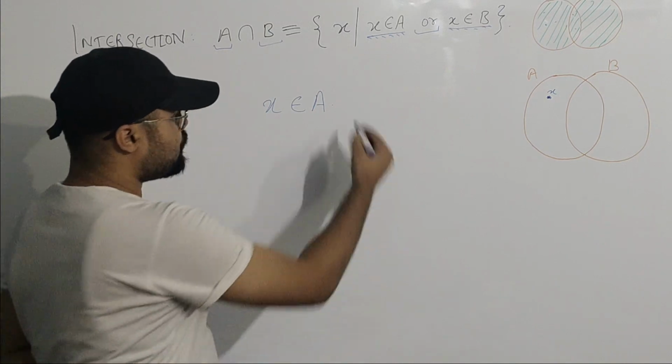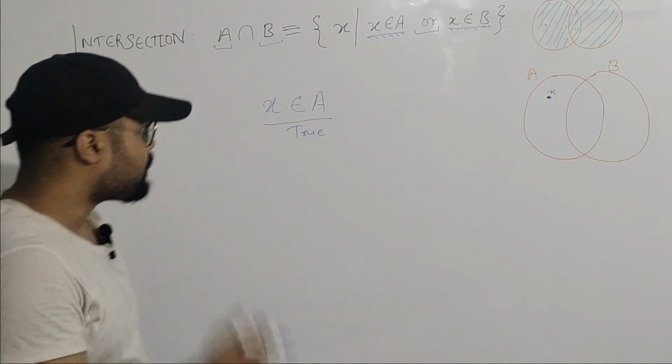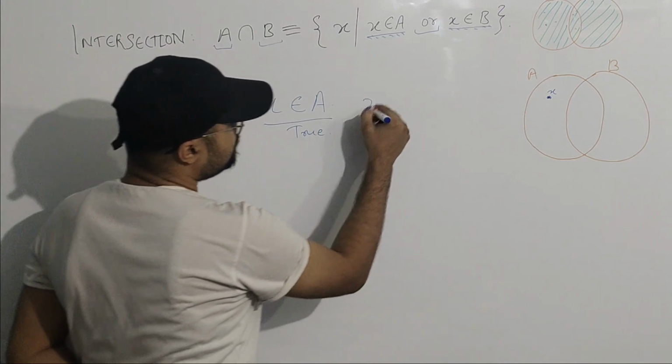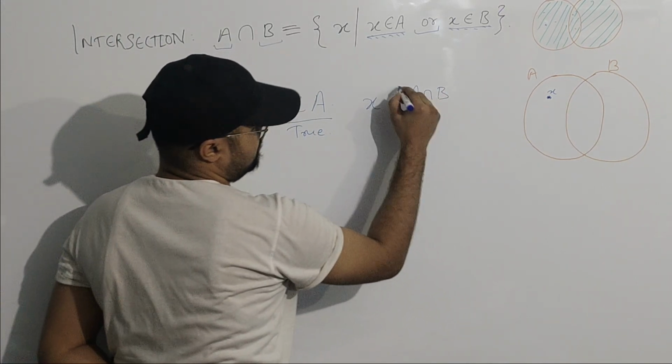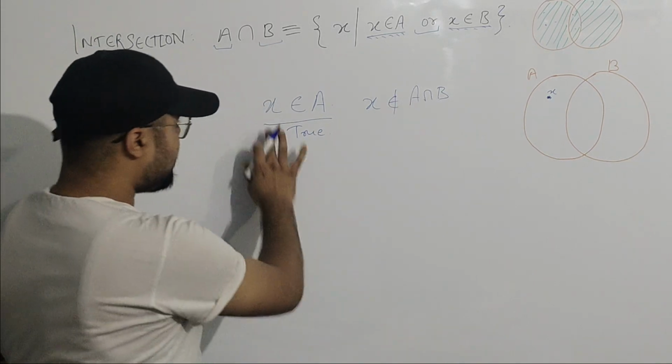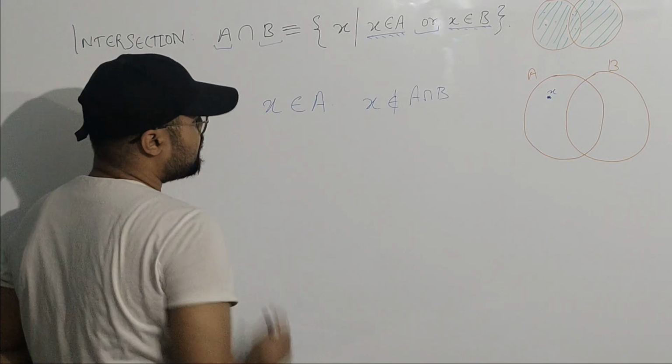Yes, this is true. X belongs to A is true. But does X belong to A intersection B? No. So X belongs to A, but X does not belong to A intersection B.